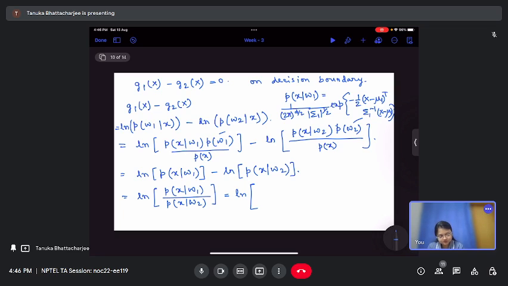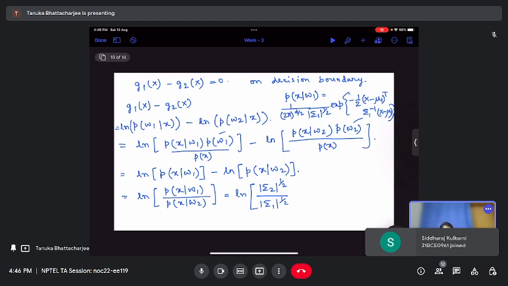The first term that we will have is from this sigma, the covariance term. So we will have that ratio. Then you have the exponential. So exponential of one term divided by exponential of the other term from the two density functions. So this will basically become exponential of the term coming from class omega 1 minus the term coming from class omega 2.